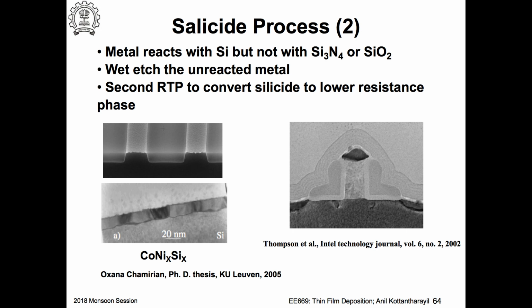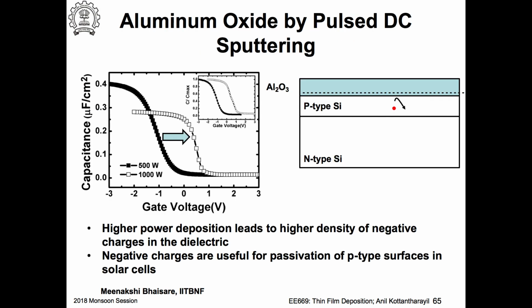You see the transistor gate, spacer, the silicon channel region, gate silicide, and this is your source drain silicide. You don't have the metal here, and no silicide either.